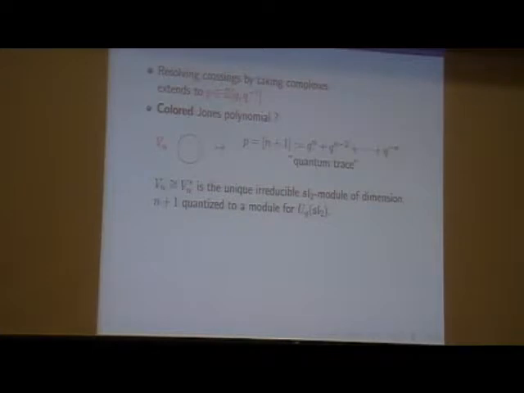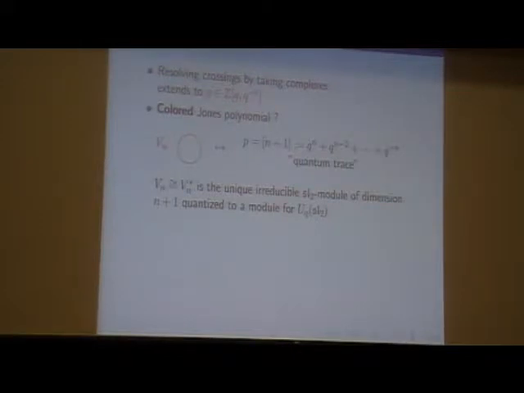So now I want to go on doing this for colored Jones. What does this mean? This means if we take our unknot, we can label it not only by the fundamental two-dimensional representation V1 of SL2, like we had before for Khovanov, but by an arbitrary U_q(sl2) module V_n, or by a number n.